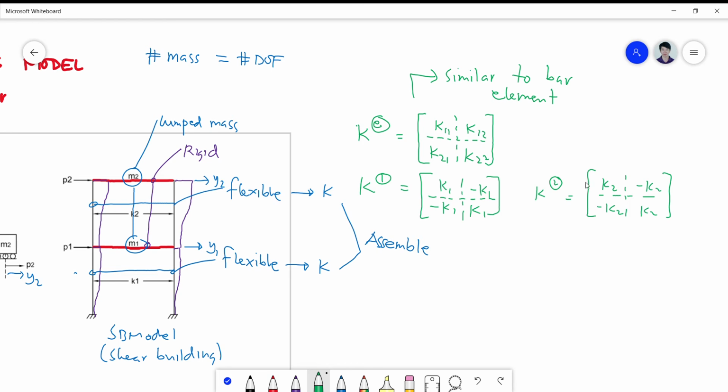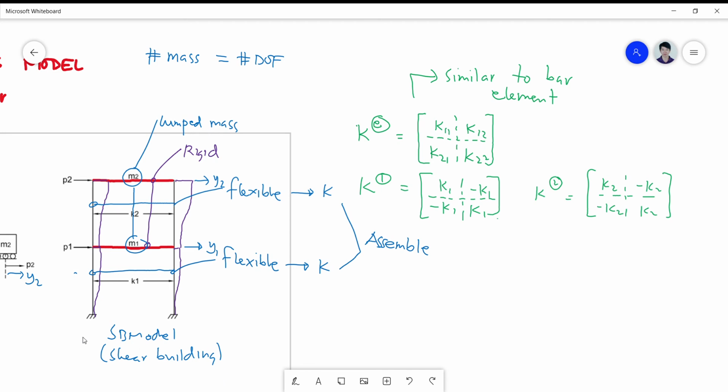So this is how the stiffness of a bar element is actually distributed, as far as the actual forces are concerned. So you have a locally 2 degree of freedom in a bar element.